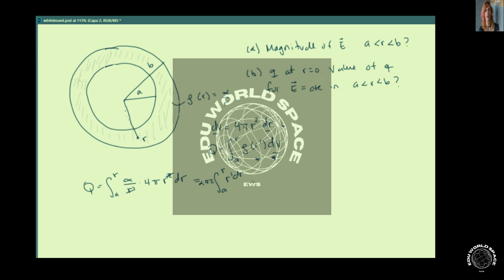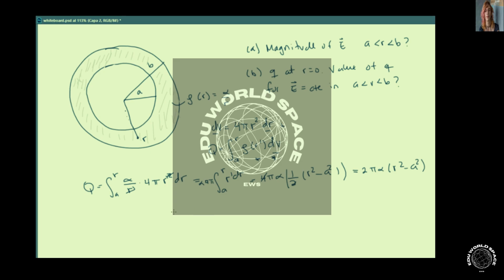If you do this integral, it's easy to find that this is 4 pi alpha times one half of r squared minus a squared. Sorry, this is 2 pi alpha times r squared minus a squared. I already evaluated the integral here.